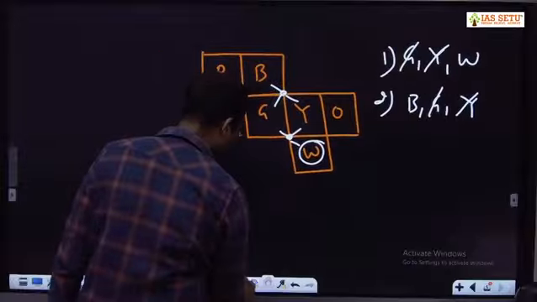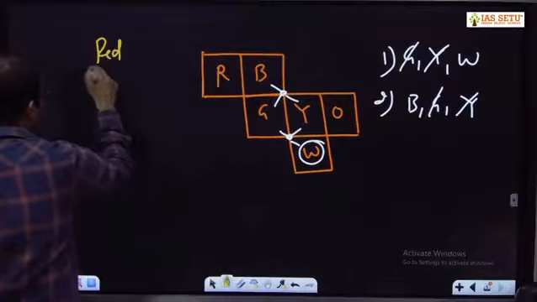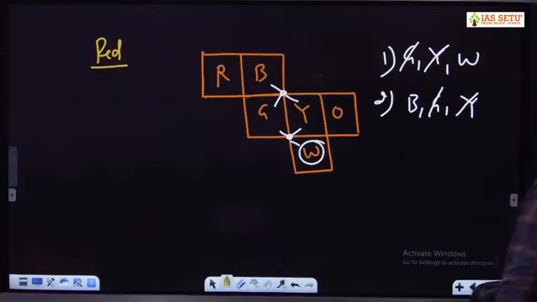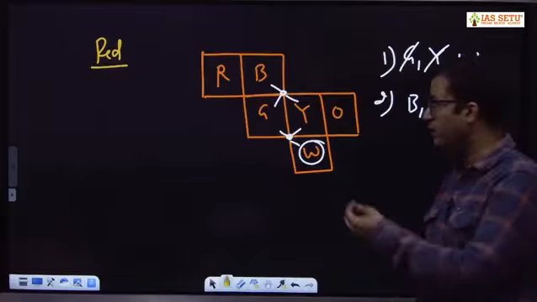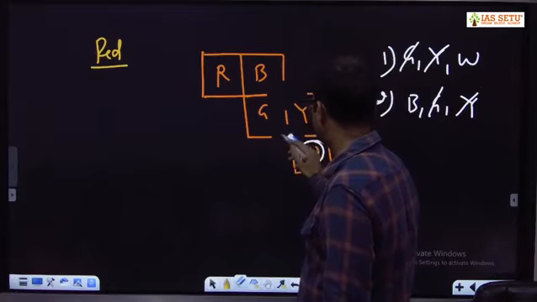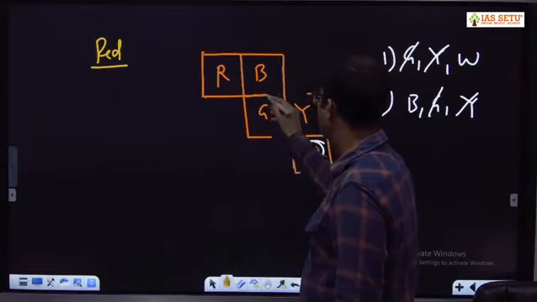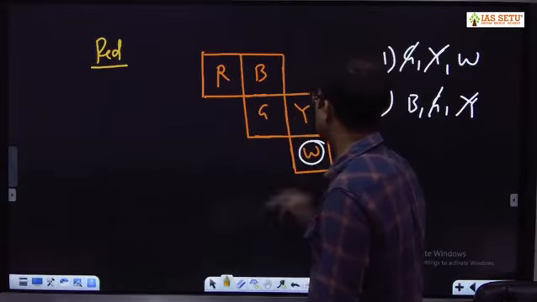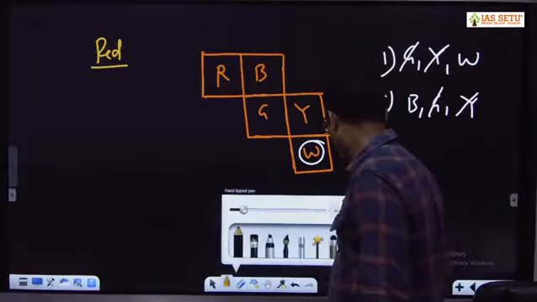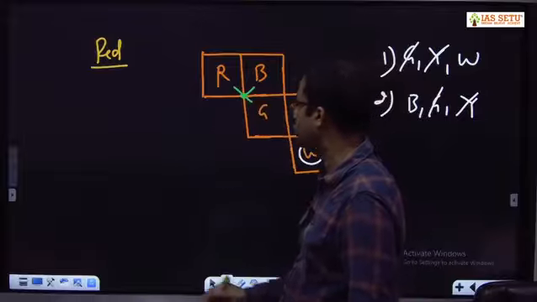Now take your time. Same question. Which face is opposite of face red? If you know the answer, good enough. Otherwise, you try. Step number 1, we will focus on this vertex which is common for red, blue, green.